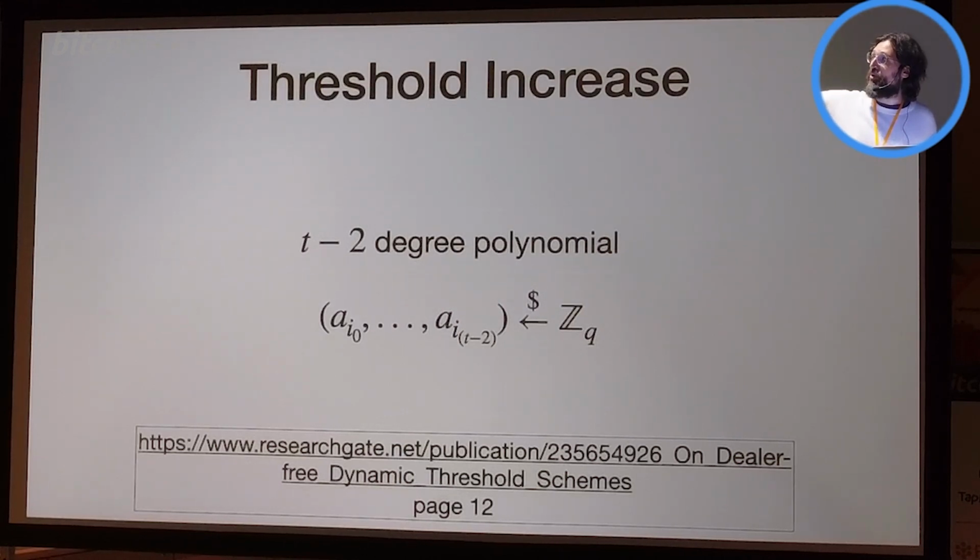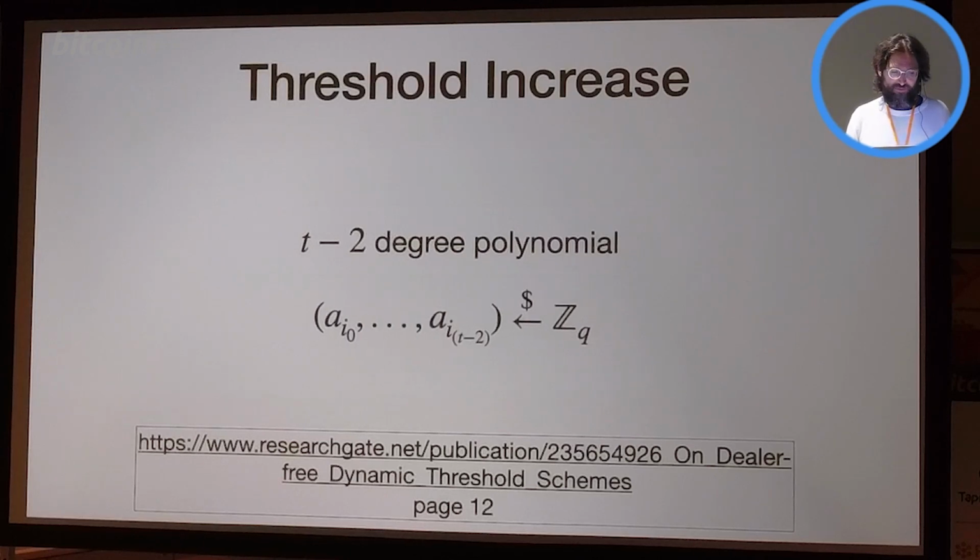So we have a T prime minus 2 degree polynomial, T prime meaning the new threshold we're trying to increase to. So one way would be to create this T prime minus 1 degree polynomial with a 0 term for the first coefficient. With this optimization, we're going to do a T prime minus 2 degree polynomial, not with a 0 coefficient, just all random coefficients.